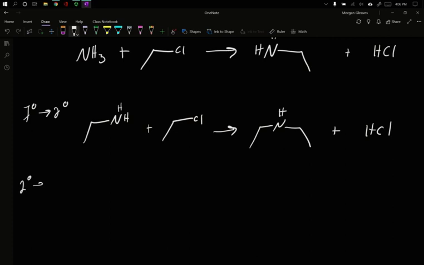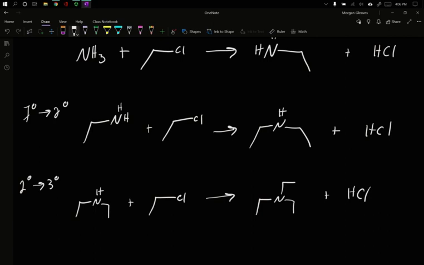And you can do this a third time. Secondary will go to tertiary. So nitrogen with two ethyl groups plus another alkyl halide becomes N,N-diethylethanamine, plus HCl. So you can make your primary, secondary, and tertiary amines through this process.